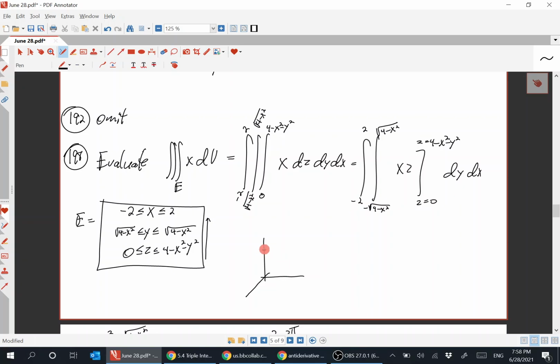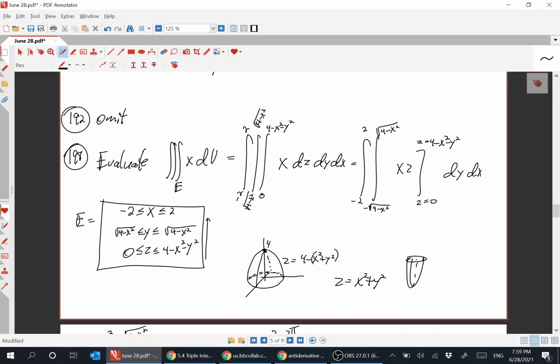And when you take it into XYZ space, this surface up here is that upside down paraboloid, which looks like this. Z equals 4 minus x squared plus y squared. Z equals x squared plus y squared is that paraboloid thing that looks like this. So here we're flipping it upside down and putting its apex, or its turning point, up at z equal to 4.